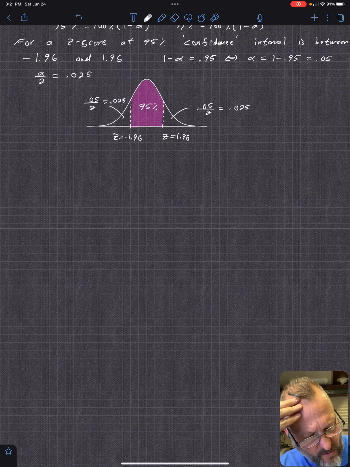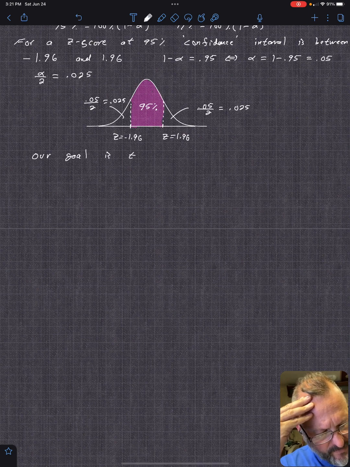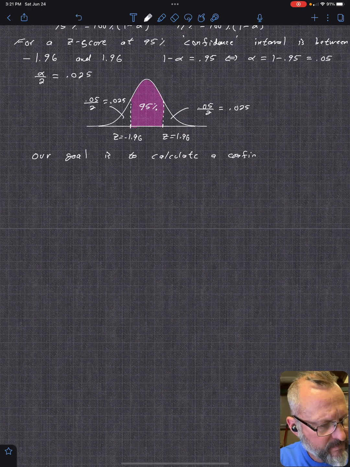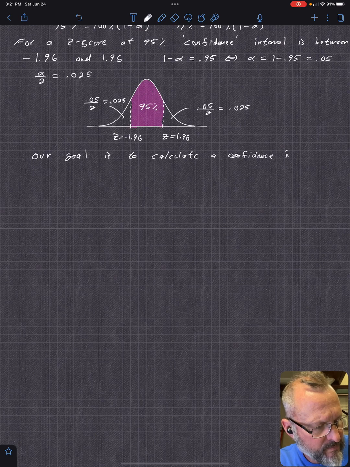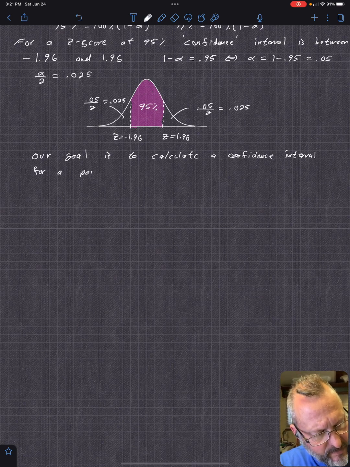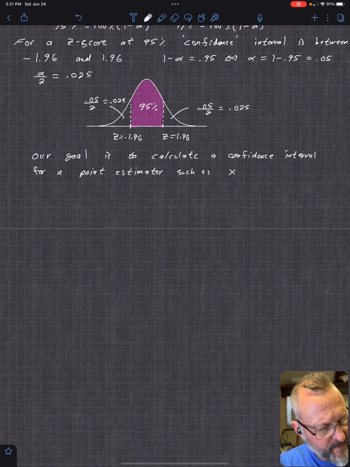All right, so our goal is to calculate a confidence interval for a point estimator, such as X bar.